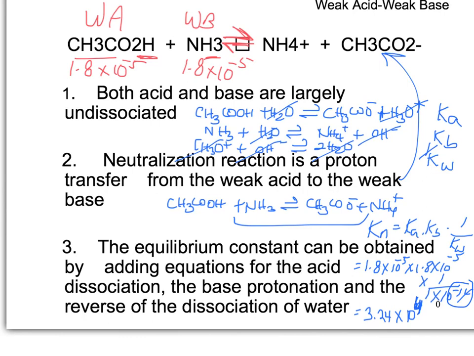But the extent of the reaction really depends on, in other words, if you wanted to determine the pH of the salt that gets formed, in this case ammonium acetate, it depends on the Ka number and the Kb value. Whichever is higher, that is what dictates the pH of the overall solution.